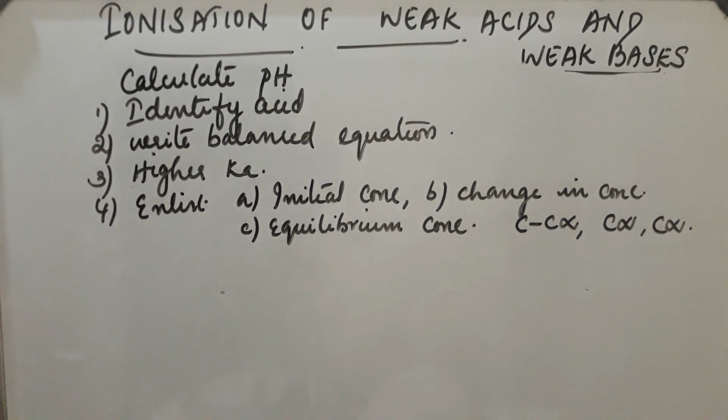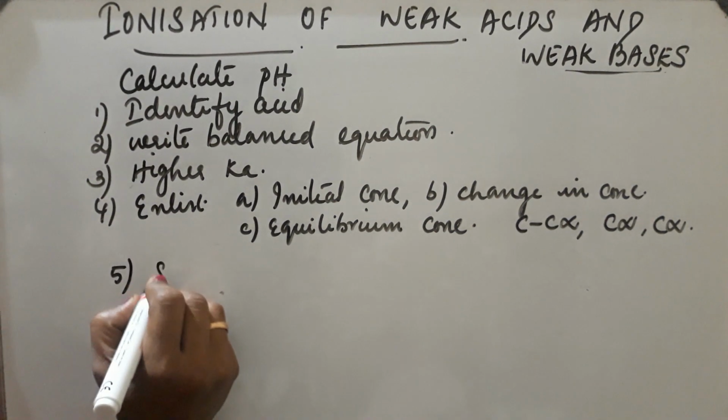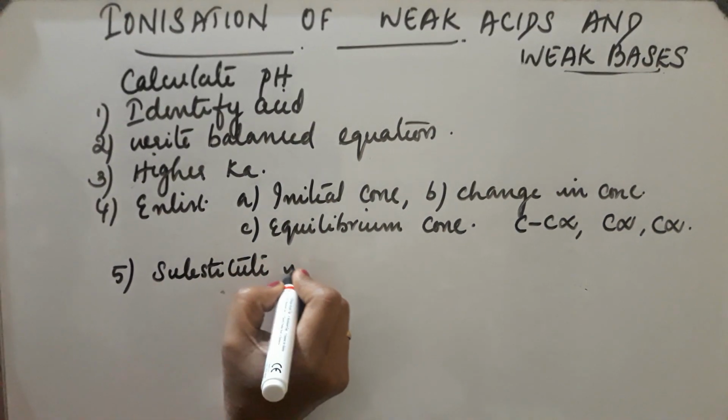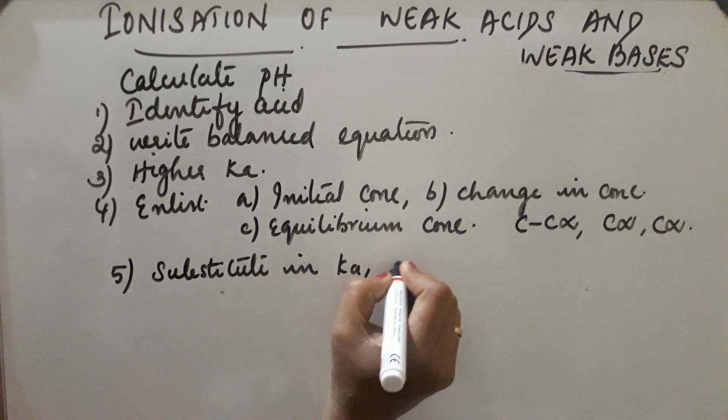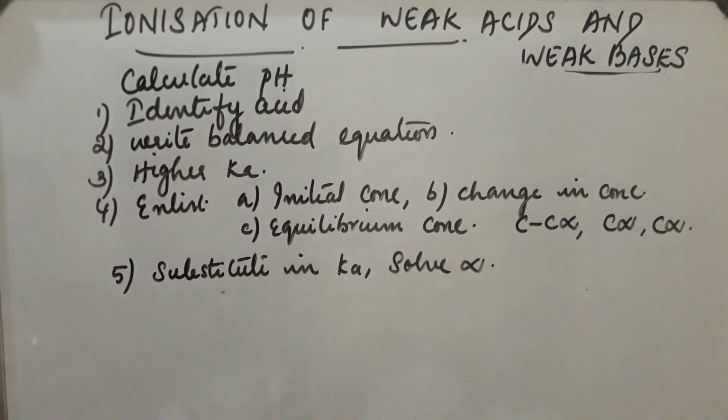Next, substitute these values in Ka and solve for alpha. We will get a quadratic equation. Then we are solving the quadratic equation, we will get the alpha value.